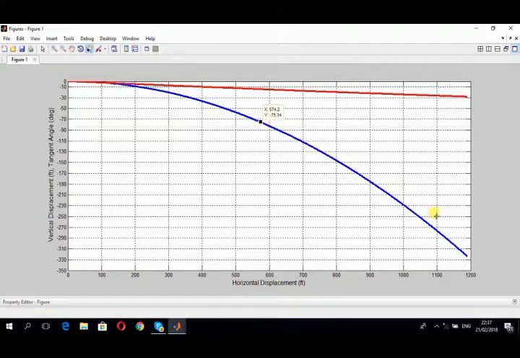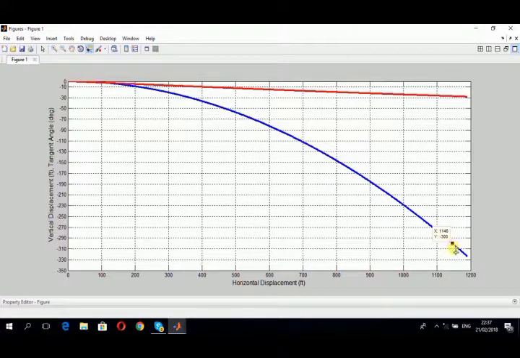If we want to verify our solution from the last session, we remember that at 300 feet vertical displacement downward, we have a horizontal displacement of 1,140 feet.